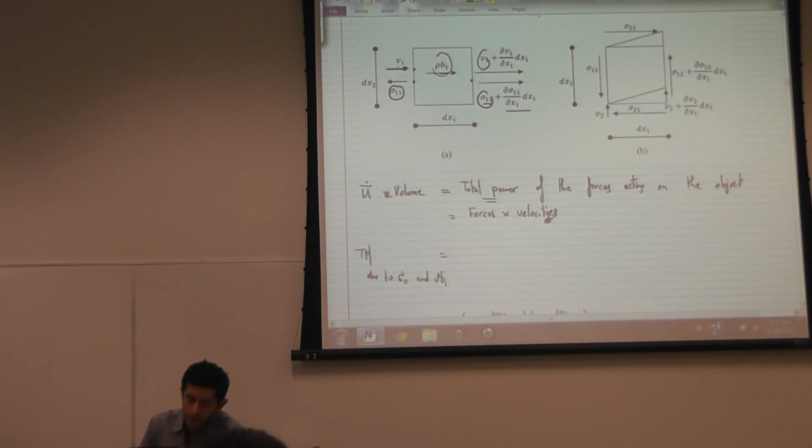Sigma 1,1 multiplied by v1 minus sigma 1,1 multiplied by v1 will cancel out. Then you will get sigma 1,1 multiplied by partial v1 by partial x1 dx1 plus partial sigma 1,1 by partial x1 multiplied by v1, which will equal partial of sigma 1,1 v1 by partial x1 multiplied by dx1 multiplied by the area, which is dx2 dx3, plus rho b1 multiplied by v1.